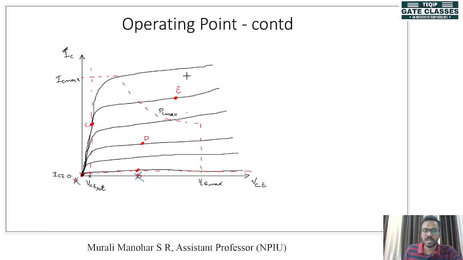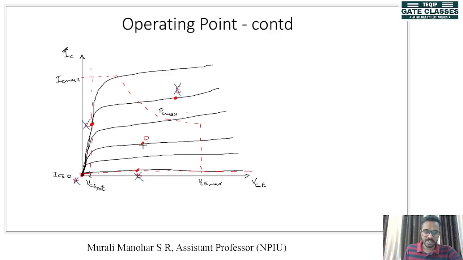So the input and output relation will be non-linear. Also, for negative values of voltage across collector to emitter, there will be a cut in the output. So C is not a suitable operating point for amplification. If you look at E, it is beyond the maximum power limit of this transistor. So that is reason enough for not choosing E as an operating point.